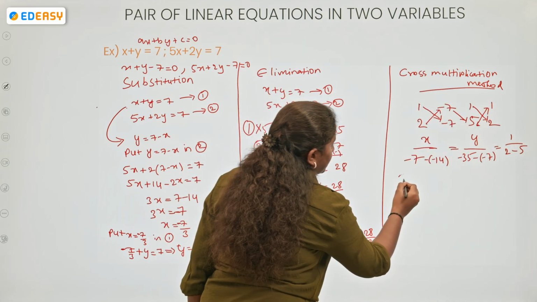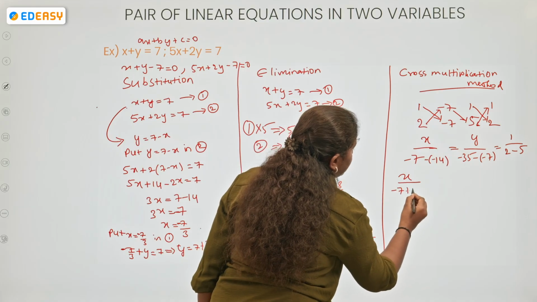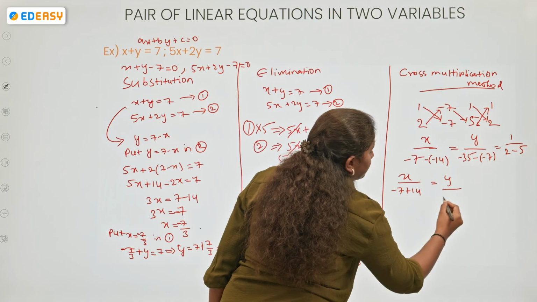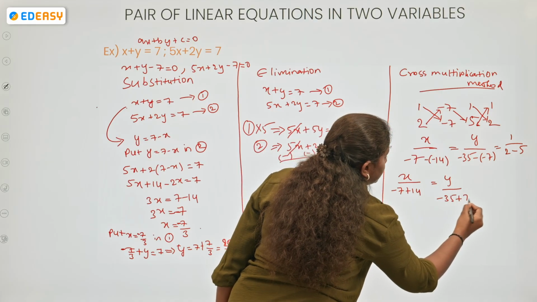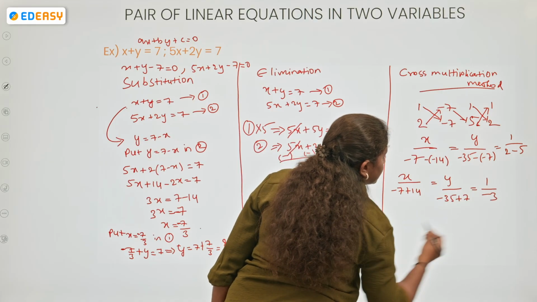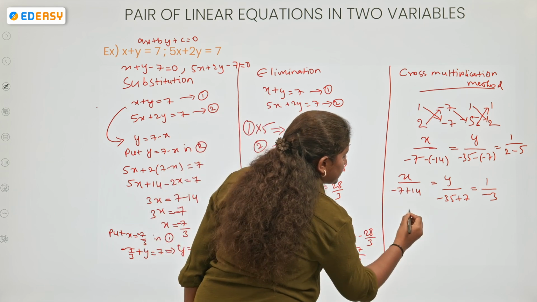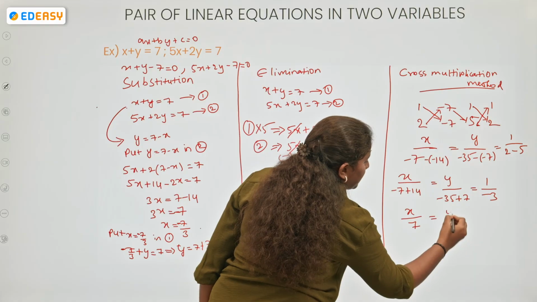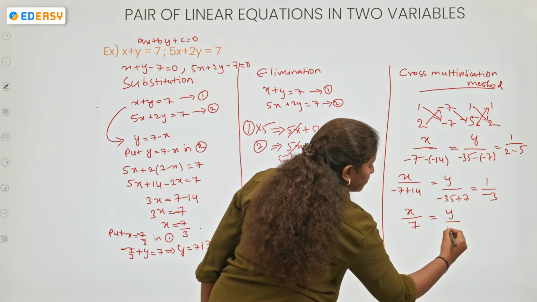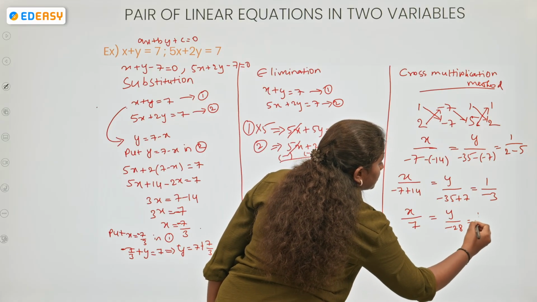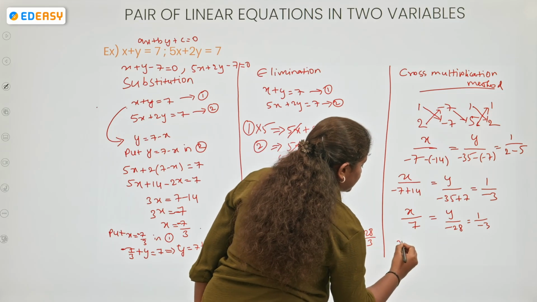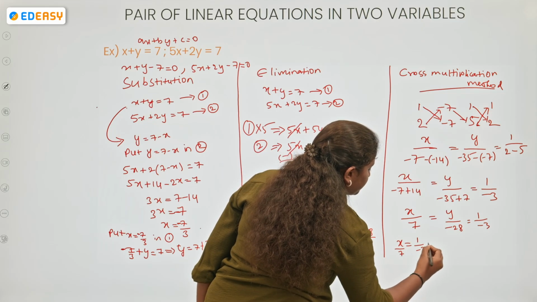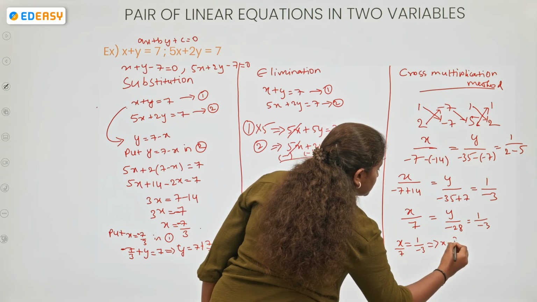Minus 7 x by minus 7 plus 14, which is equals to y by minus 35 plus 7, which is equals to 1 by minus 3. Clear? Now x by minus 7 plus 14, 7, y by minus 35 plus 7 minus 28 equals to 1 by minus 3, where x value is given by x by 7 equals to 1 by minus 3, from which x equals to 7 by minus 3.